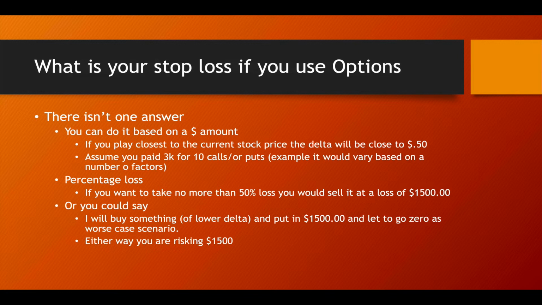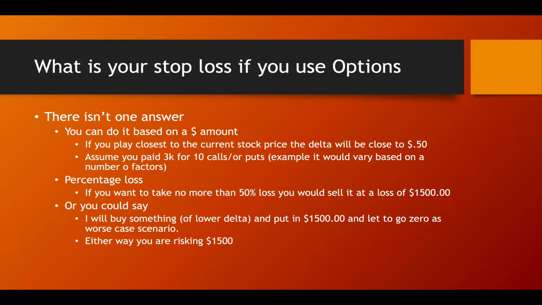Now let's take this a little bit further. Another way would be to buy something with a lower delta. It could still be the same monthly strike, same month expiration, but a lower delta, and find something where I invest $1,500, and in that case, I'll say this $1,500 can go to zero. So in effect, you're still risking $1,500. You could actually make that choice.